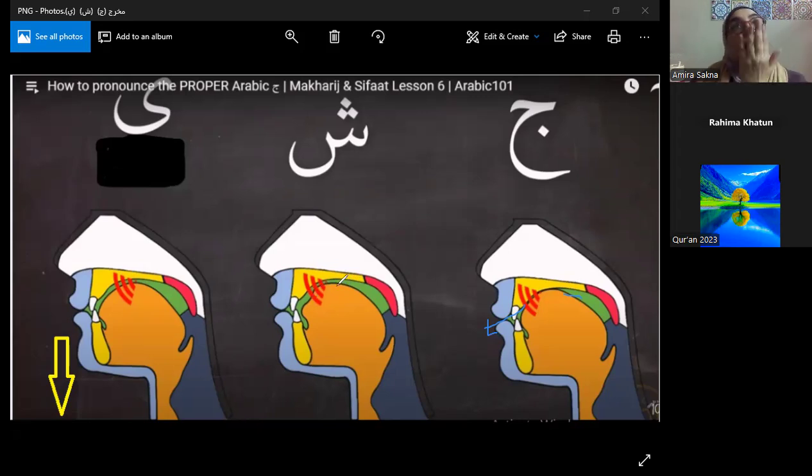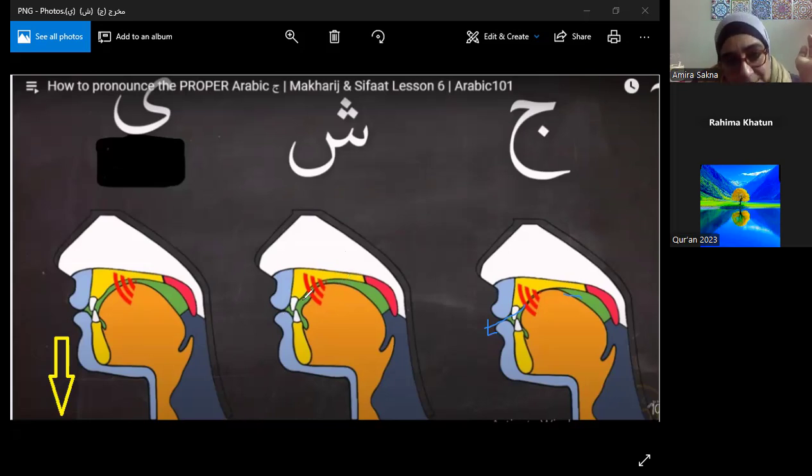Regarding the air, ash. Put your hand before your mouth. Ash. No, there's a lot of air coming out. And it's one of the letters in فحثه شخص سكت. So it's a voiceless letter. The air is running when I pronounce this letter. Regarding being full mouth or empty mouth, it's an empty mouth letter. Ash, sha, not shaw, sha.